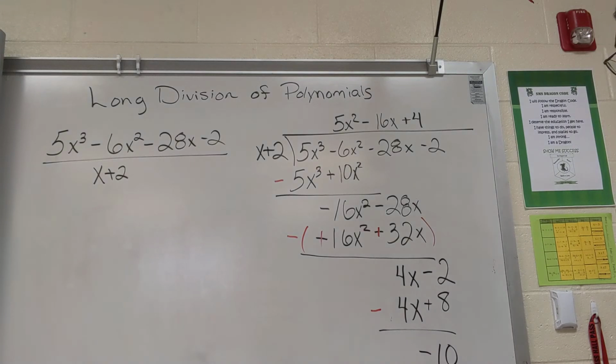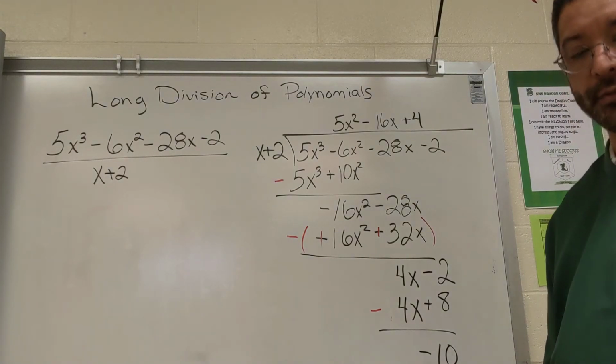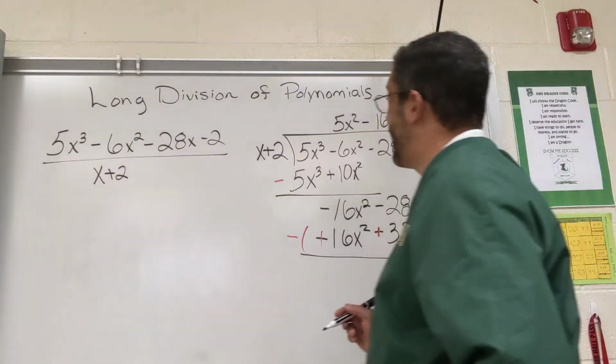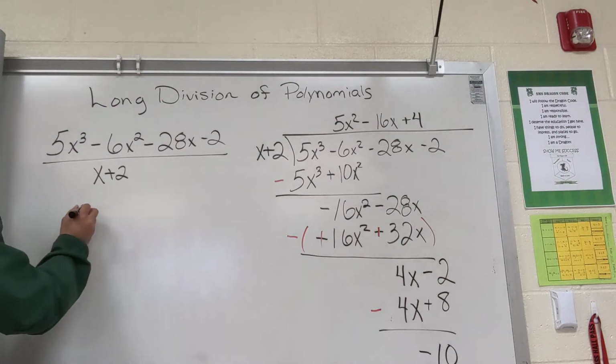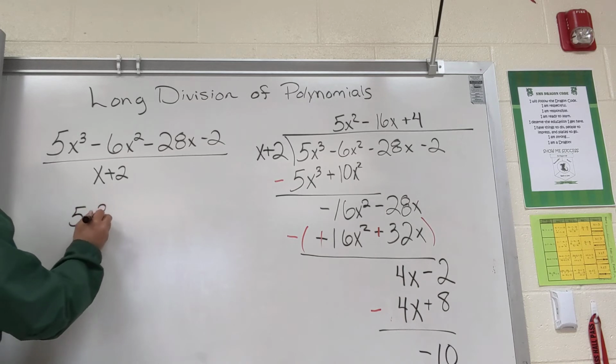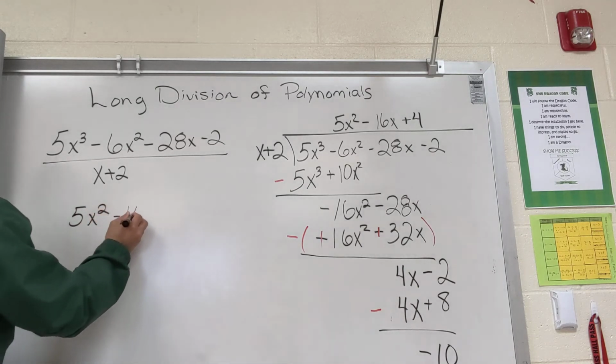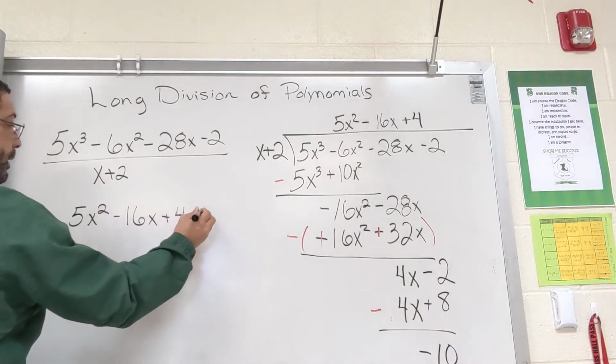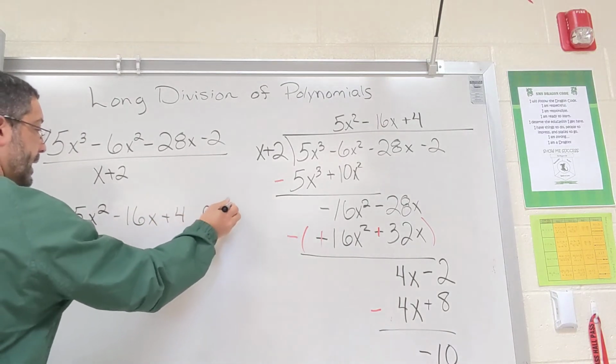Okay? All right, so now what I have here is a remainder. I have something left over. So my answer then is going to be 5x squared minus 16x plus 4 with a remainder of negative 10.